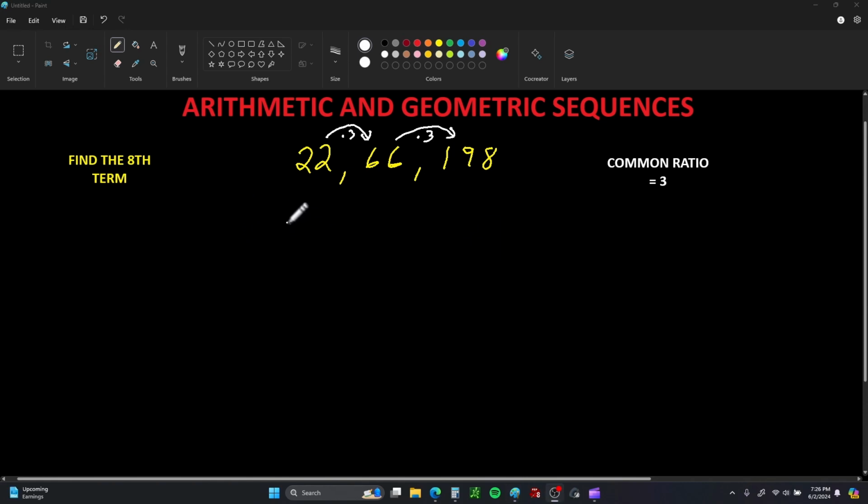So in coming up with the formula, the nth term of our sequence is going to be equal to the first term of the sequence times the common ratio raised to the n minus 1 power. We have a sub 8 equals the first term, which is 22, times the common ratio of 3 raised to the n minus 1 power.